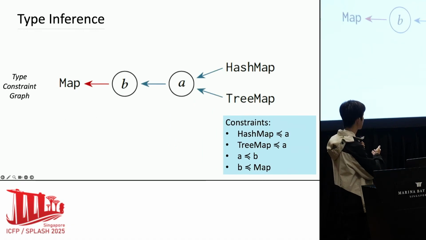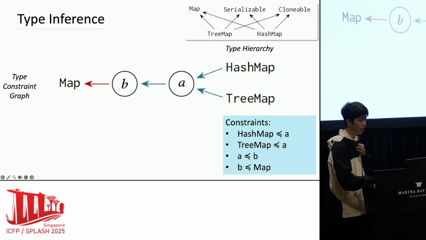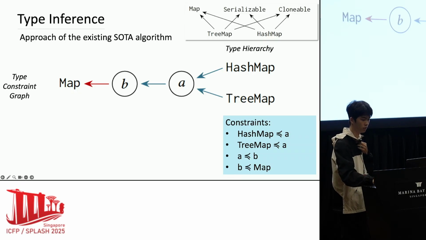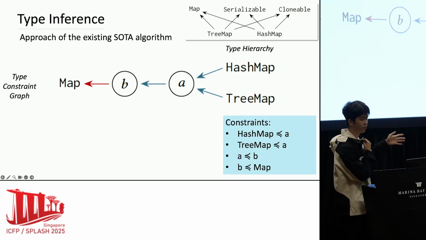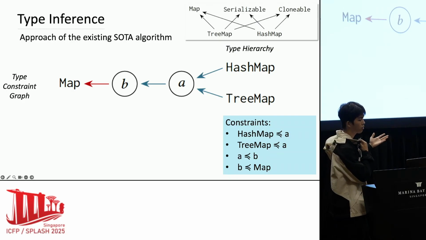Based on these constraints, we can build a type constraint graph. And we can also get the program's type hierarchy in advance. So how does the existing SootUp algorithm handle this? They start from the root nodes and follow the arrows. Since the types of the HashMap and TreeMap nodes are already known, they don't need to handle them.